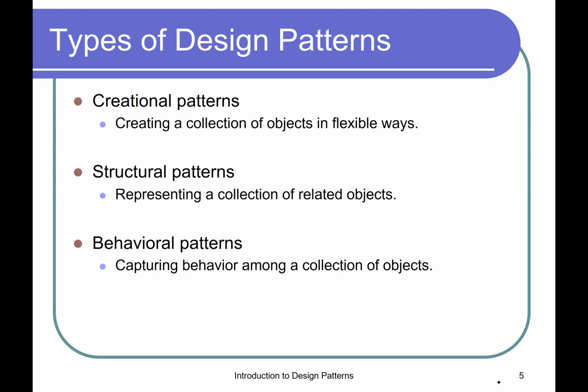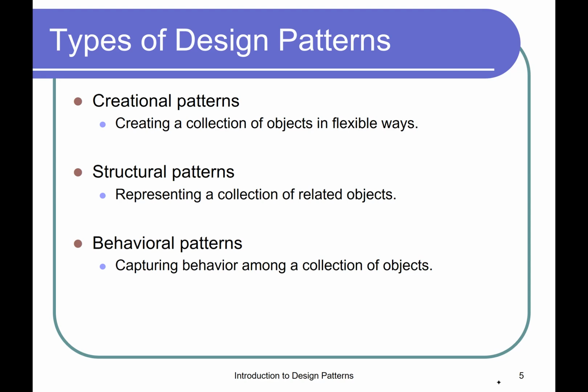We have 3 types: creational, structural, and behavioral. As we go through the chapters, the next chapter is going to be talking about creational design patterns. We might actually begin this today, I'm not sure.